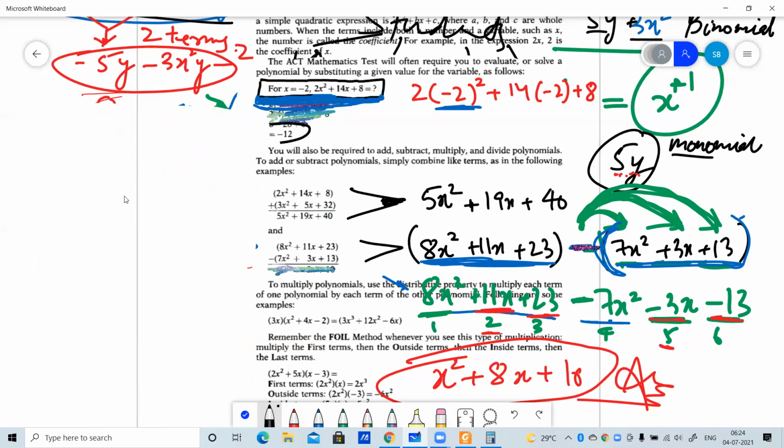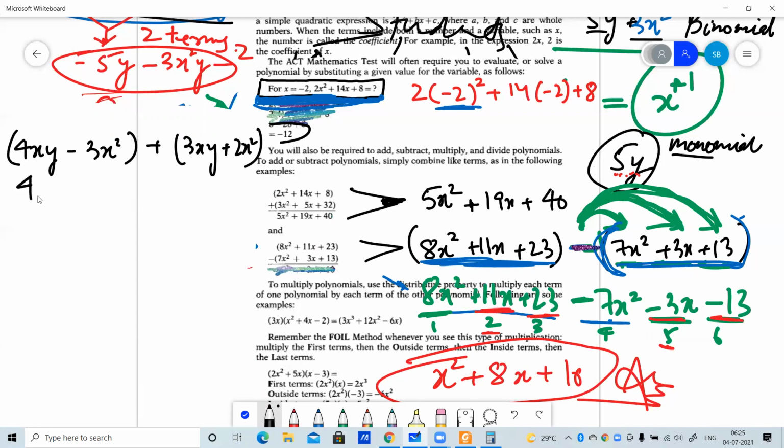Okay, so let us do another example of addition and subtraction of polynomials. You're having a polynomial 4xy minus 3x squared. This is one polynomial, and you have to add it with 3xy plus 2x squared. Now, in order to add it, you have to see the like terms.